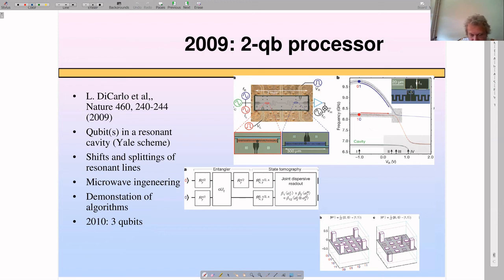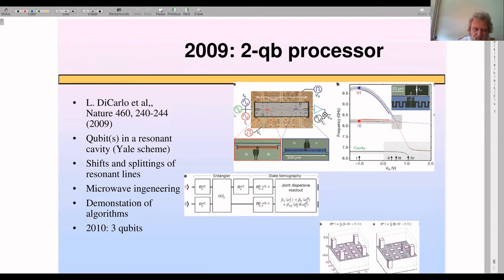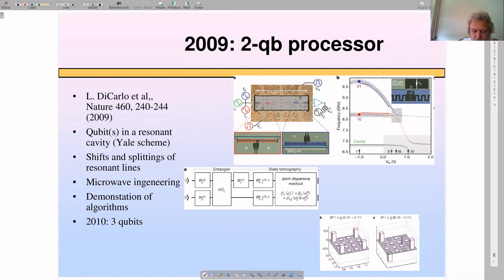Let me tell you about the next step in making qubits. This is a device which Leo DiCarlo made about 10 years ago, and the main structure of this device still stays the same.